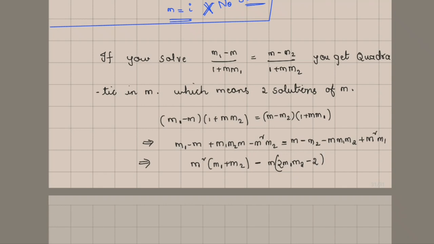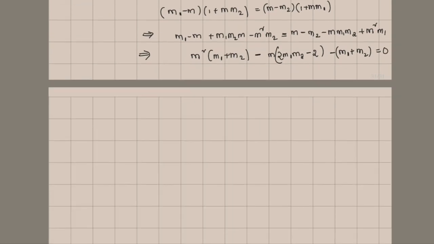If you take m1 to the other side, you get m1 plus m2 equals 0. See, you can divide with m1 plus m2, which gives m square minus m into (2 m1 m2 minus 2 by m1 plus m2) minus 1 equal to 0.